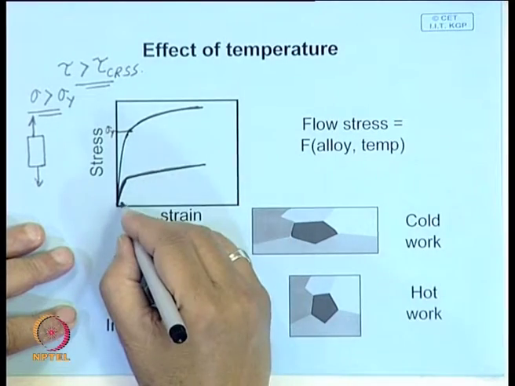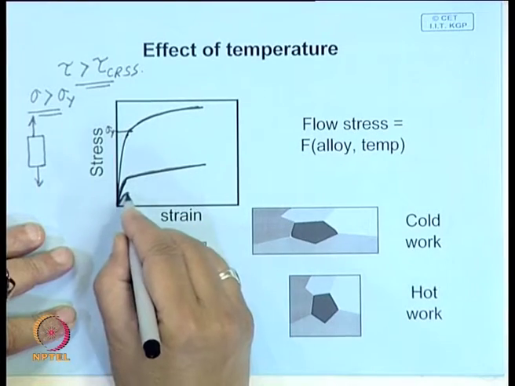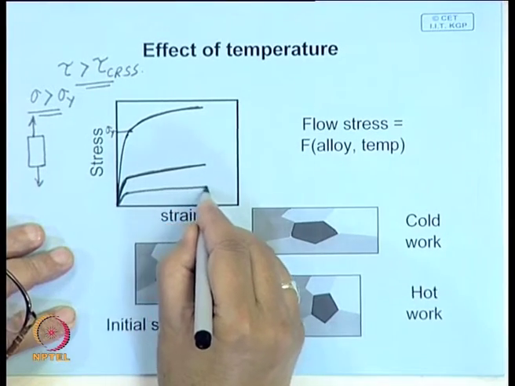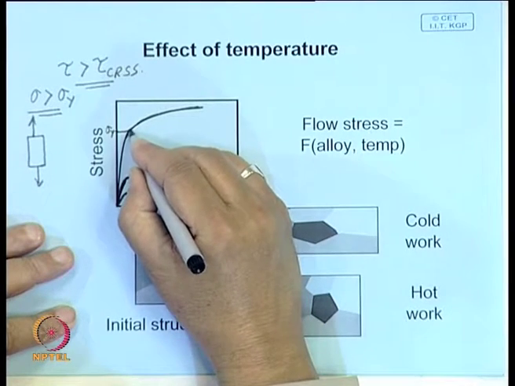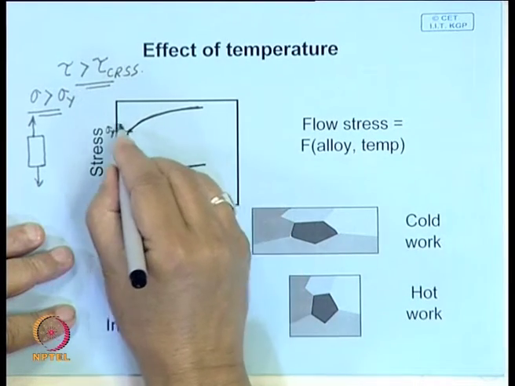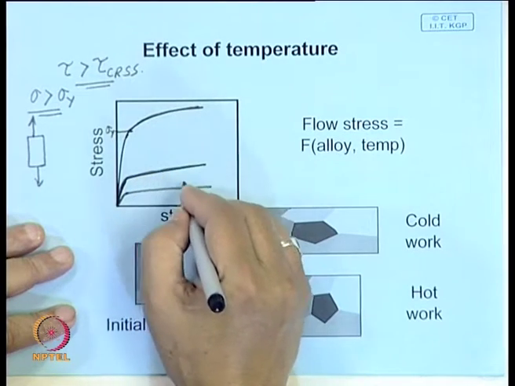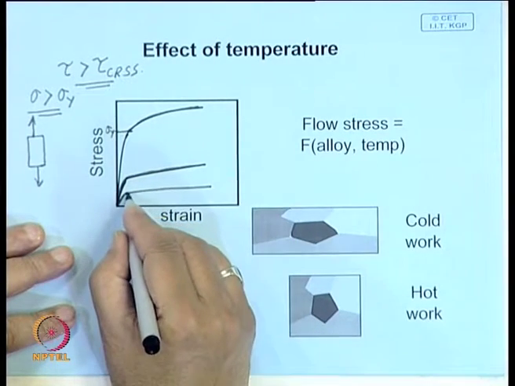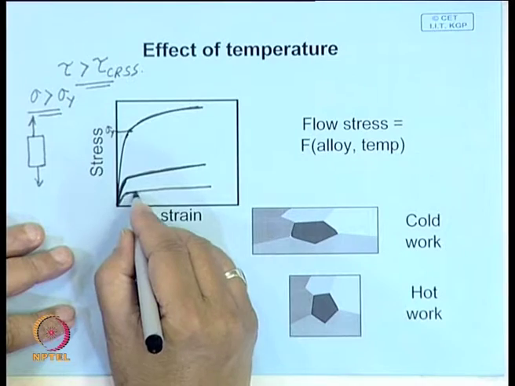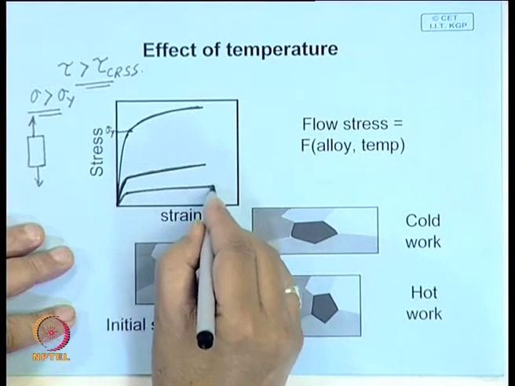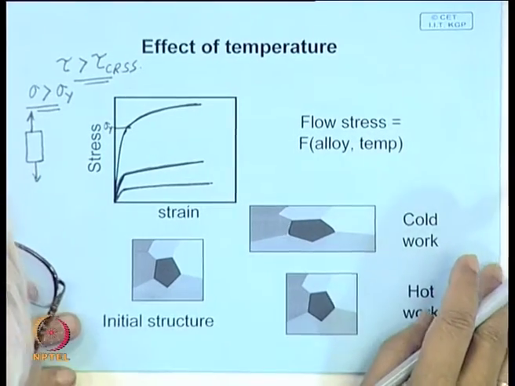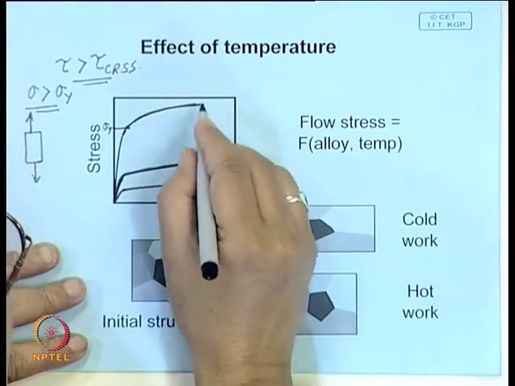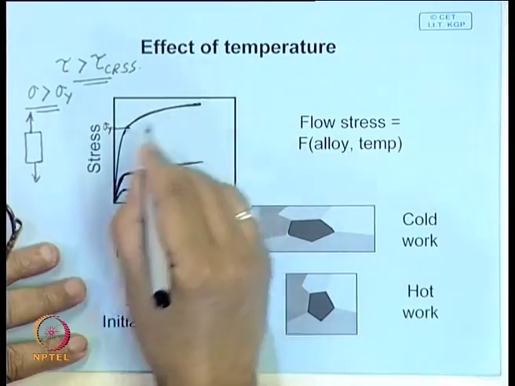You increase it still further, you may find it goes down. Usually if you do it at room temperature, you will find strength increases with deformation, but the higher the temperature you go, you find the strength does not increase. So, there is little strain hardening at higher temperature. We will see why it happens in the subsequent part of the lecture.